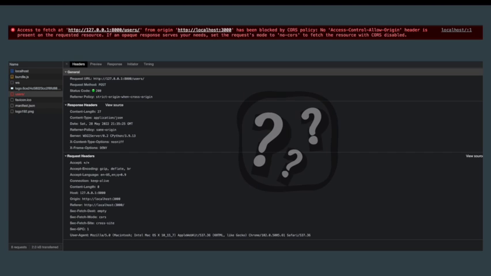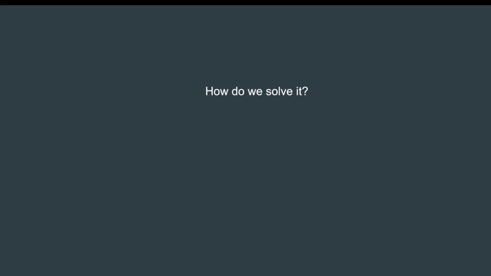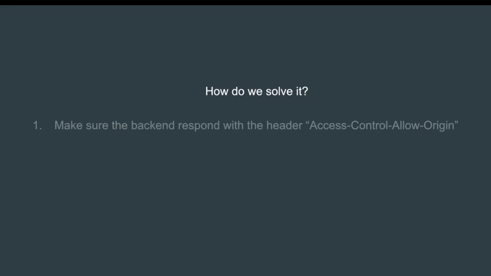So you might be thinking, how do I get rid of this error? We have a couple of options. One if you own the backend server, and another one if the server is from someone else, so you can't control or modify anything there. For the first option, it's quite straightforward.